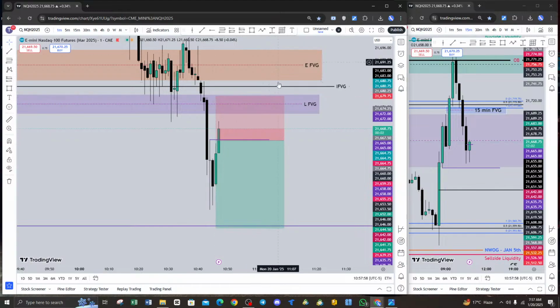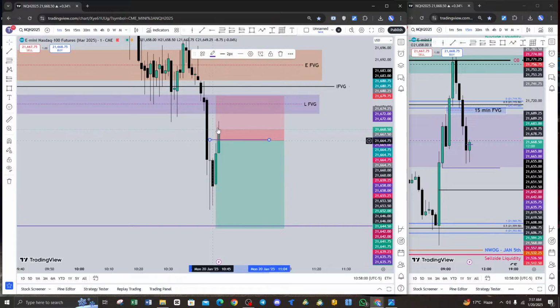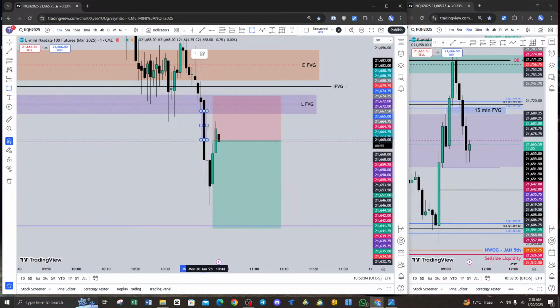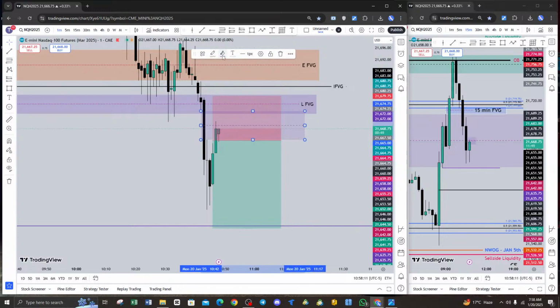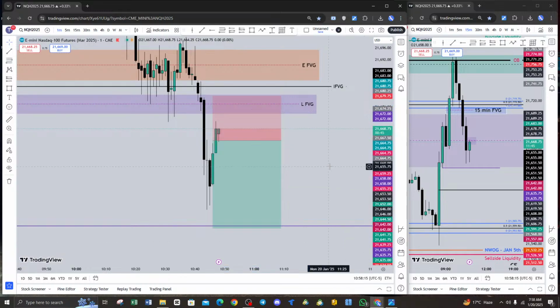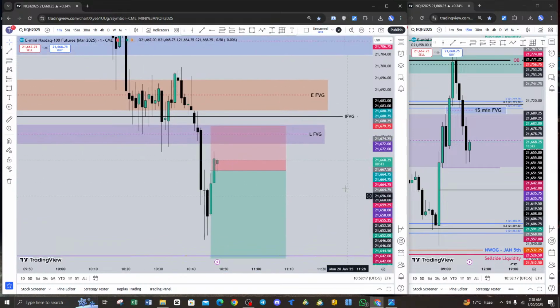Let's see what happens. Wait, let me delete this level and draw a fair value gap over here. As we can see, the market is respecting the 50%. Okay, what the hell.